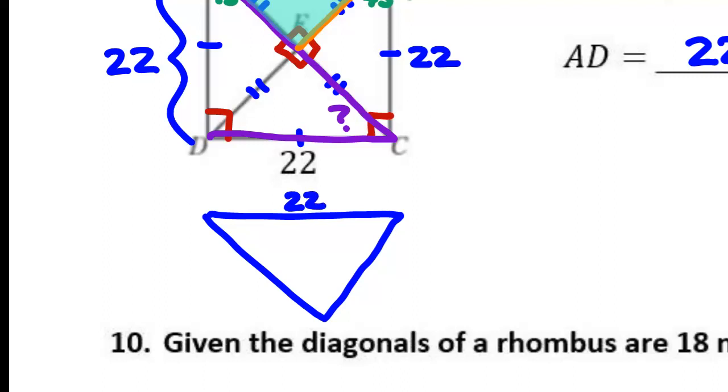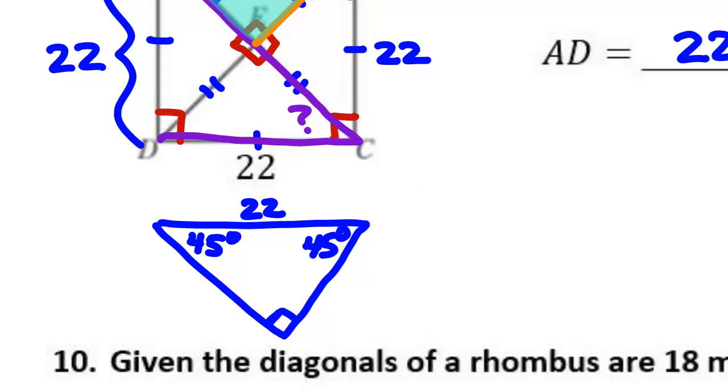It is isosceles. There's one more word that goes with that because it's special. It's a right isosceles, because remember we have a right angle right here, and these angles are each 45 degrees. So we have a right isosceles triangle, also known as a 45, 45, 90 triangle. That 22 that we know up at the top, is that a leg or a hypotenuse?